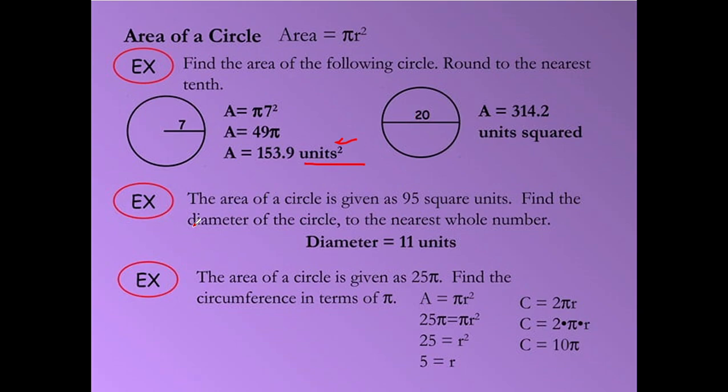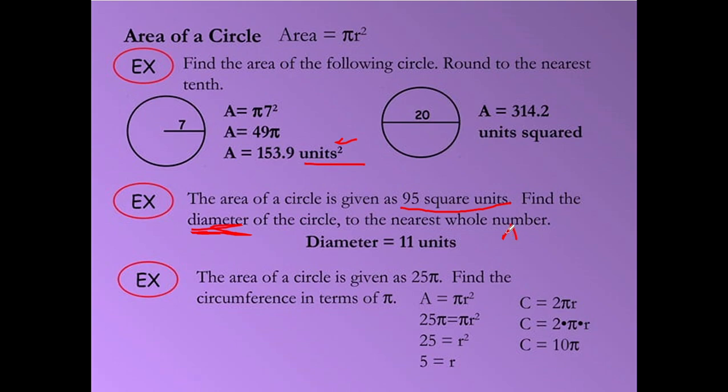Now, the second example: the area of a circle is given as 995 square units. So, given our area, find the diameter of the circle to the nearest whole number. So, what we are looking for is the diameter. Again, the diameter is what we are looking for. So, first, we will be using this formula.